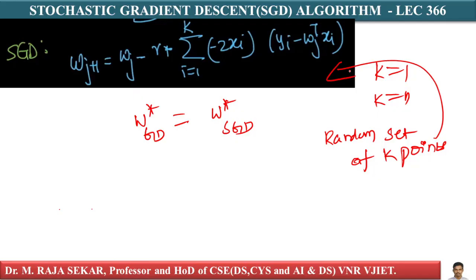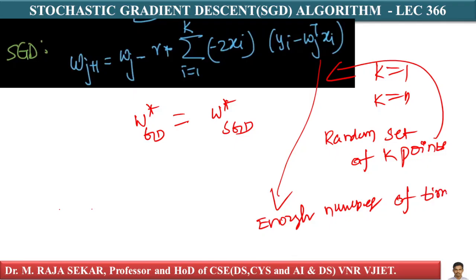If you do this update enough number of times, the solution that you get, W star with GD, is the same as W star with SGD.